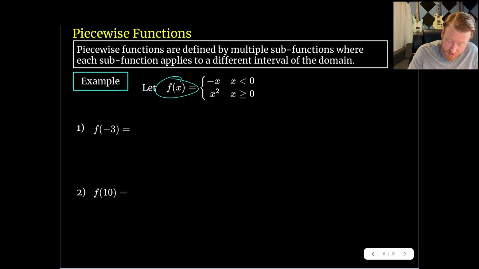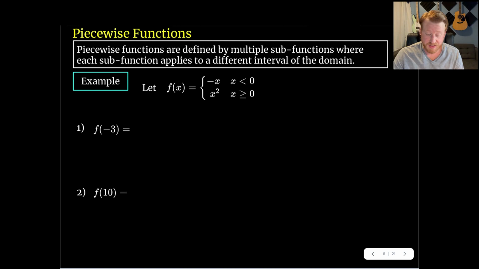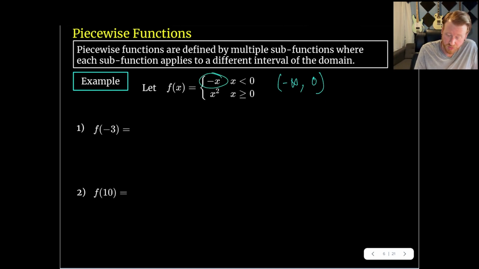If x is less than 0 in this example, which in interval notation is from negative infinity up to 0, not including that endpoint, we would substitute into this subfunction here, negative x. And if we are looking at 0 to positive infinity, then we're going to use this subfunction over here.